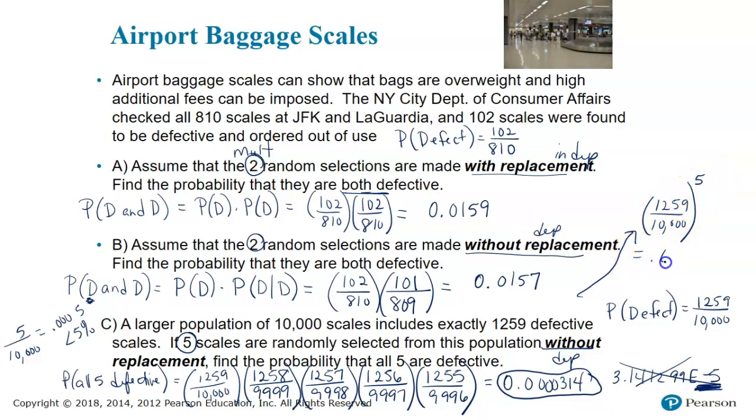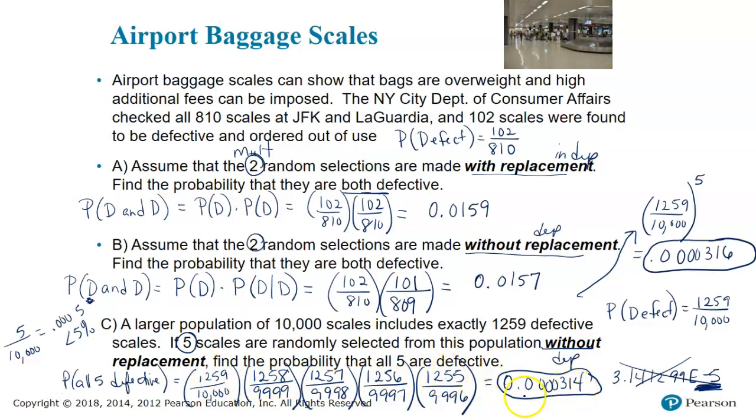So our answer is 0.000316. So you see that by treating it as independent, we have very little difference than what we would have gotten if we actually wrote all the factors out for it to be dependent.